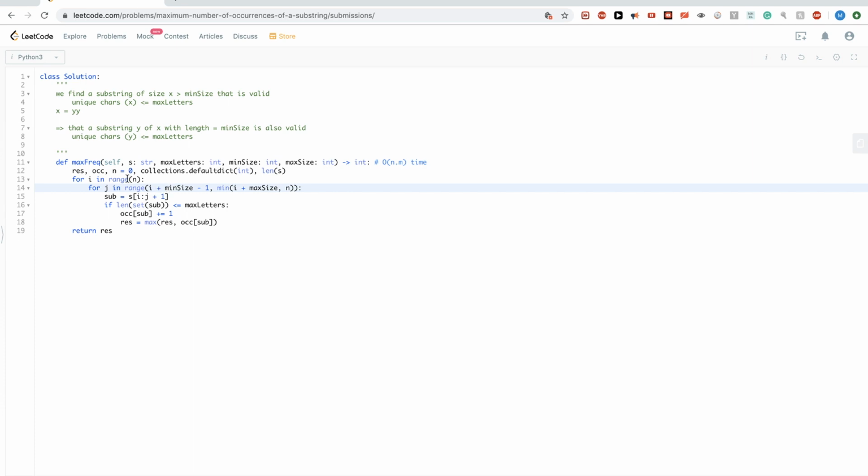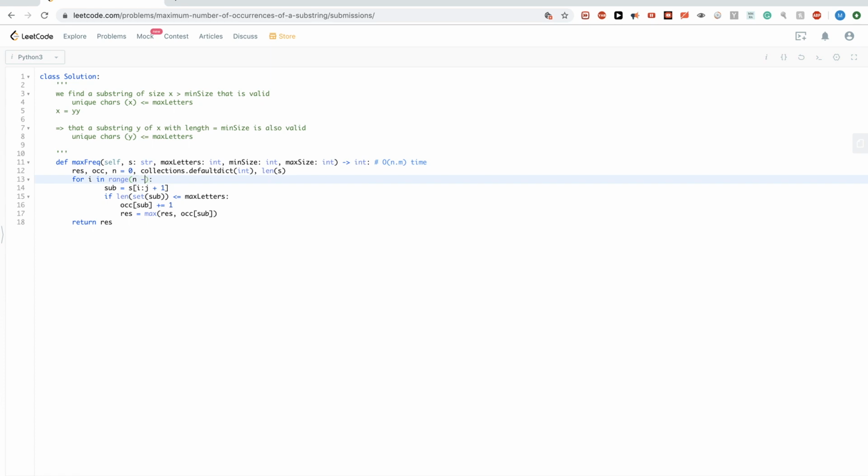And so to do that, we can just not go through every possible size between min size and max size, and instead we can just take i to be any starting point that can give us a substring of size min size, right? And so that would be up to n minus min size plus 1, like this.